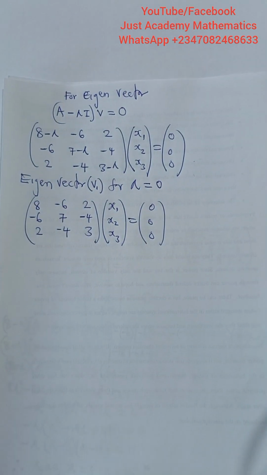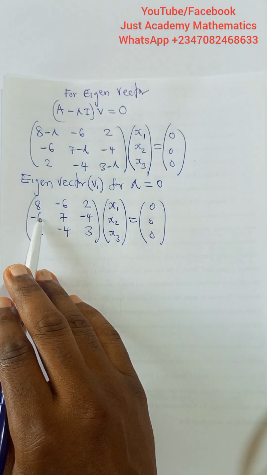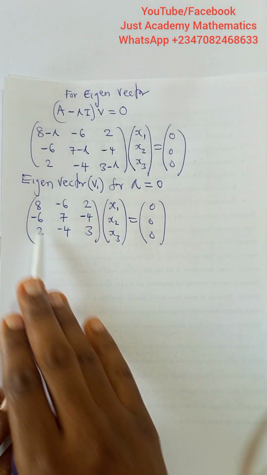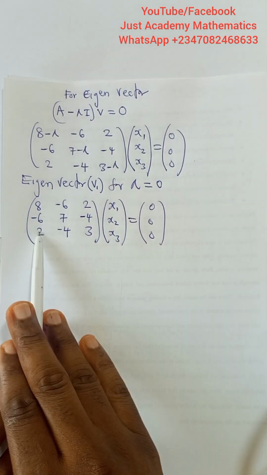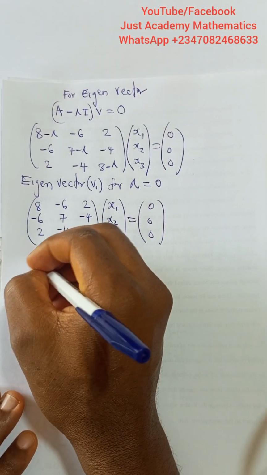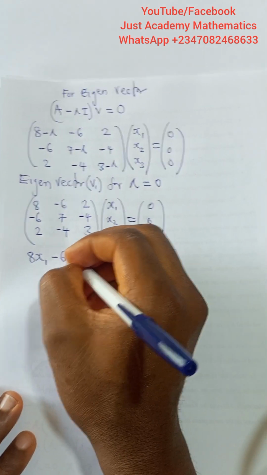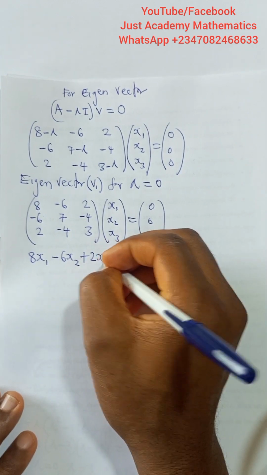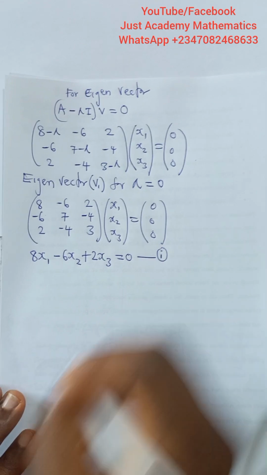Now we want to find the vector. The same procedure as for the 2 by 2 matrix. We write out 3 equations, a system of linear equations, by multiplication, row times column. So 8 times x1 will give me 8x1, minus 6 times x2 is minus 6x2, 2 times x3 is plus 2x3, equal to 0, equation 1.